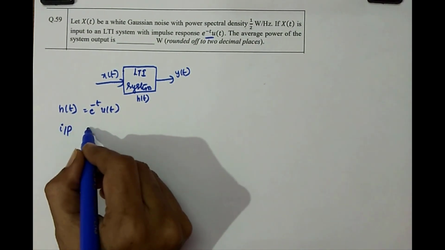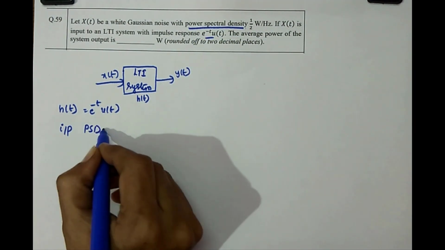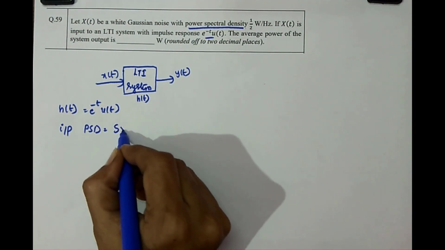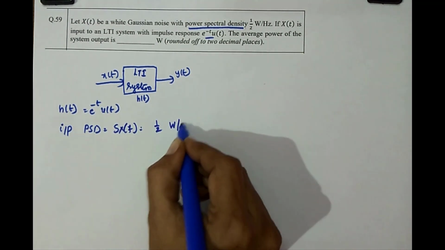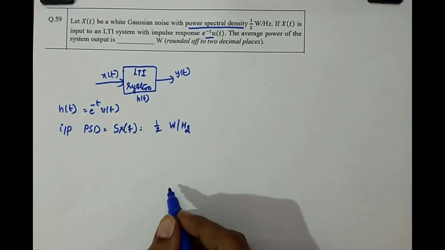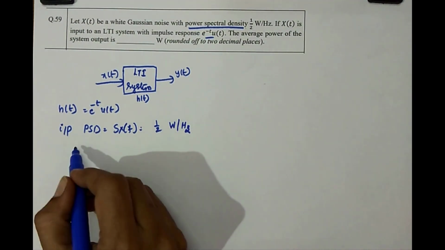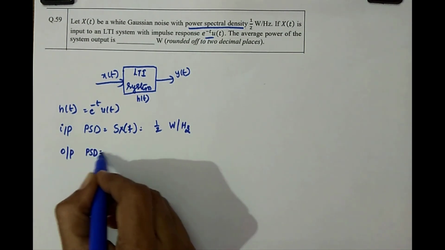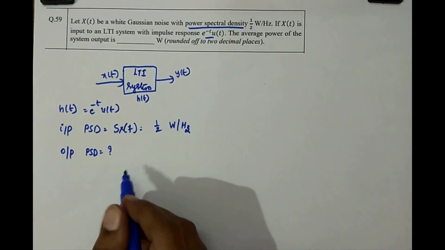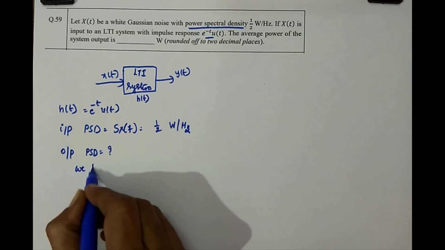and the input power spectral density, PSD, is given, that is Sx of f is equal to half watt per Hz. Okay, then you have to find the output PSD, and we know the formula.